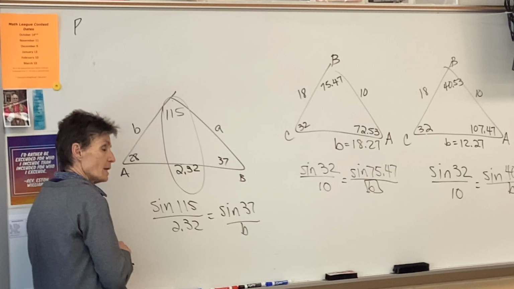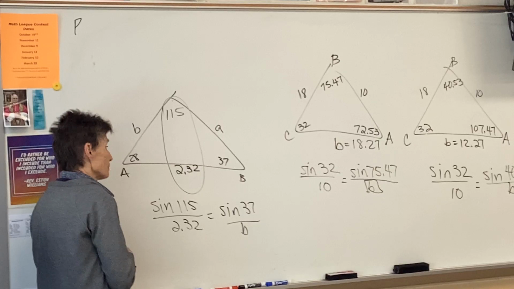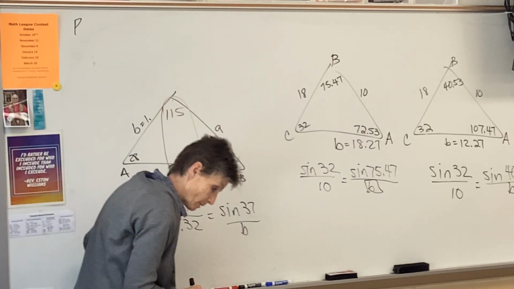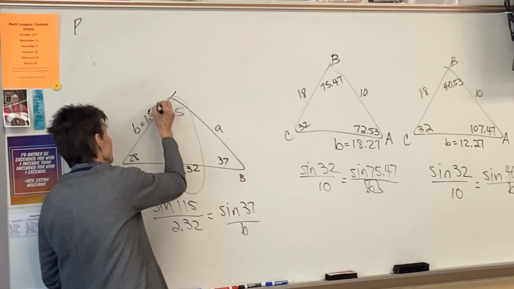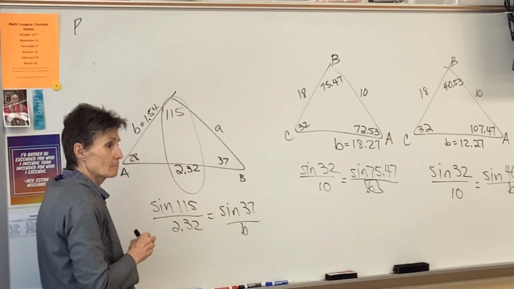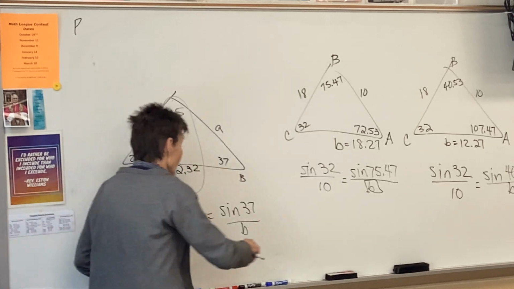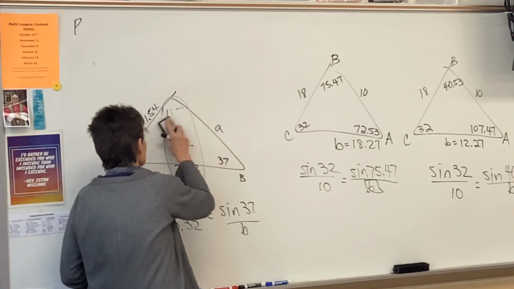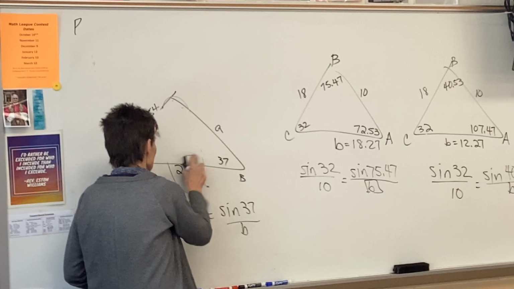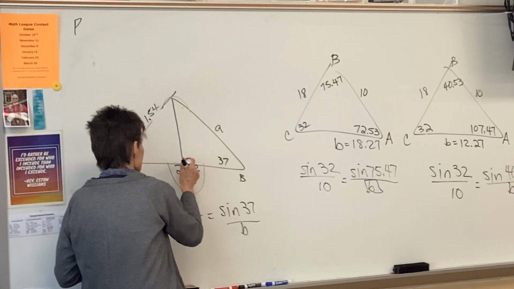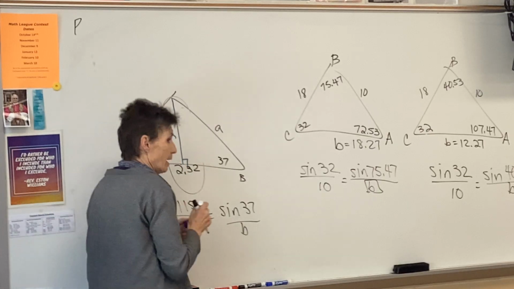Not yet. 1.5. 1.54, yep. That is not the answer to the question. Remember, the answer to the question was this right here. This is the altitude of the triangle.